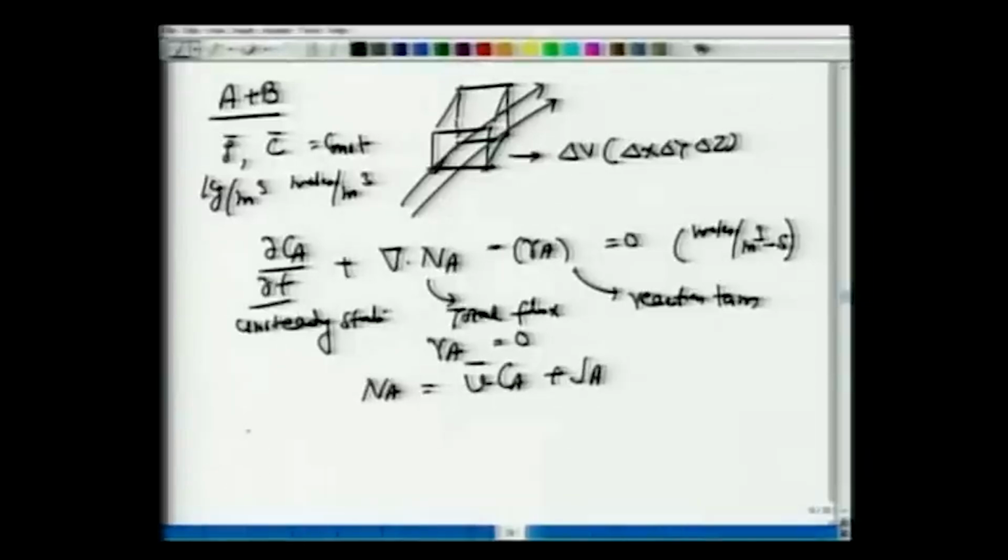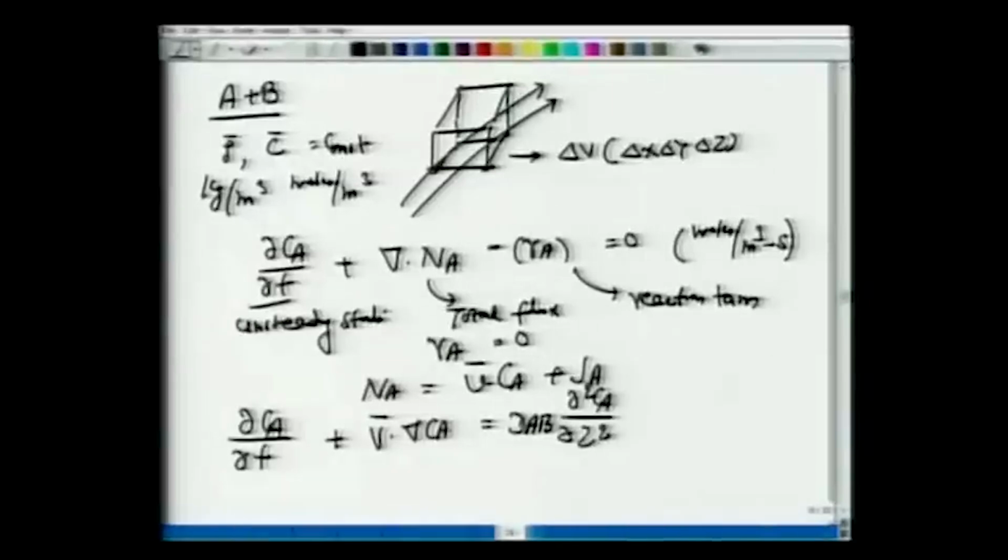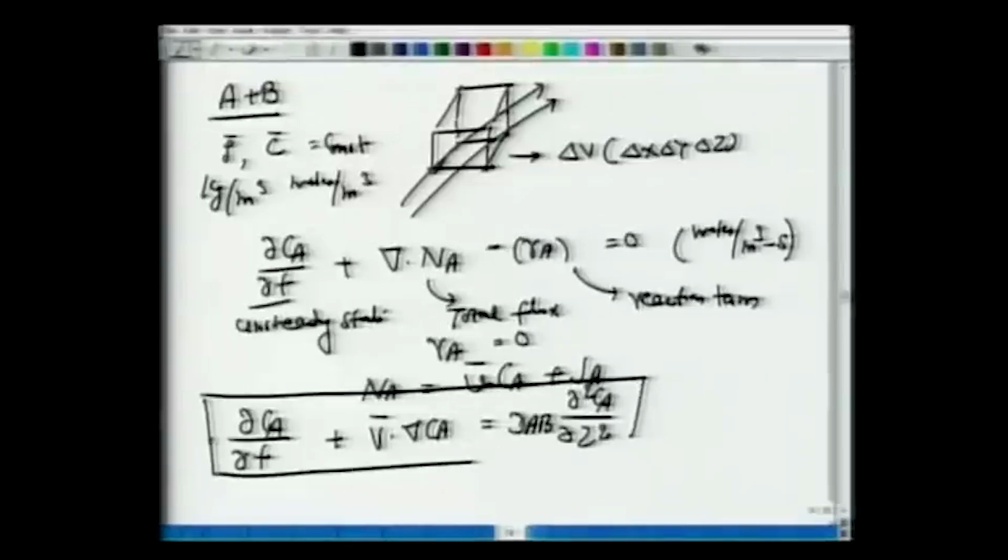We get del C_A over del t plus V bar dot del C_A equals D_AB del square C_A over del z square. So this is our species balance for A in this control volume of del x, del y and del z.